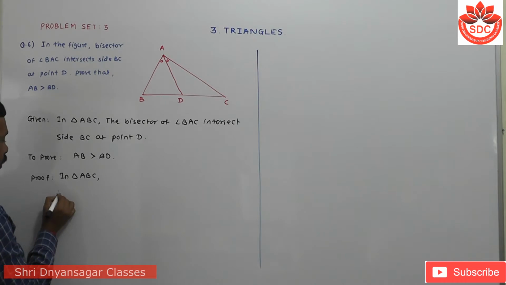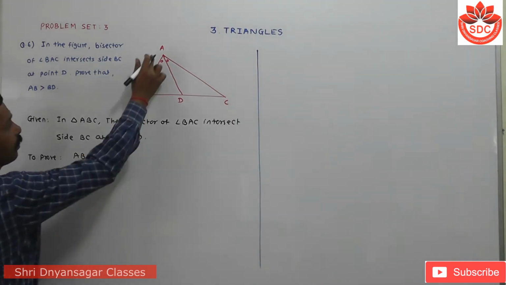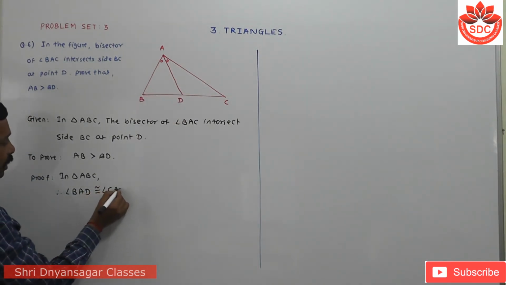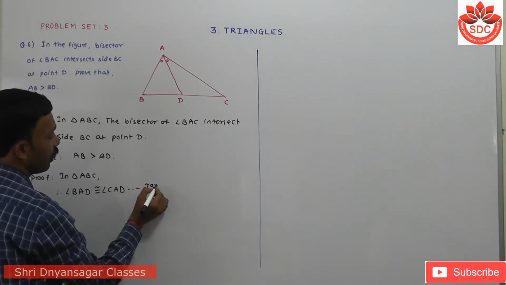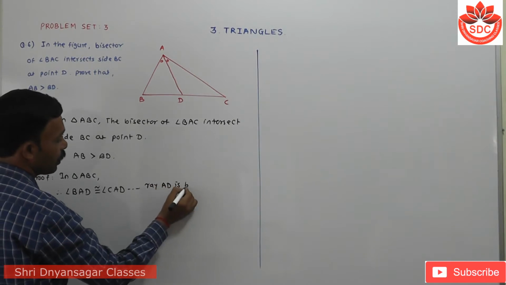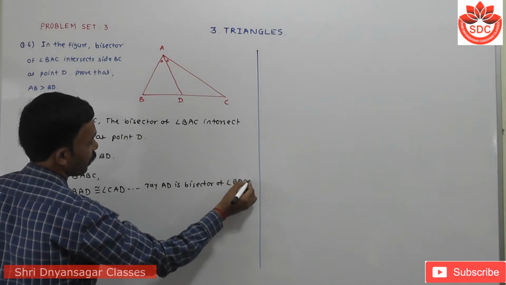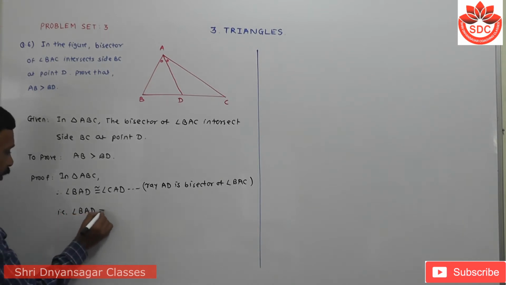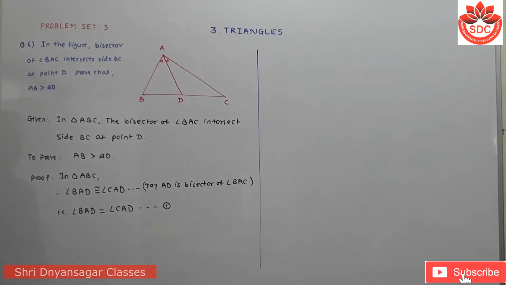So that by using this, I will write here angle BAD is congruent with angle CAD, because ray AD bisects angle BAC. Angle BAD equals angle CAD. Let this be equation number first.